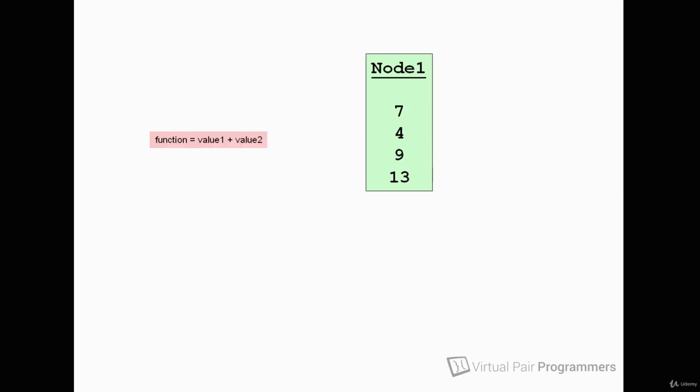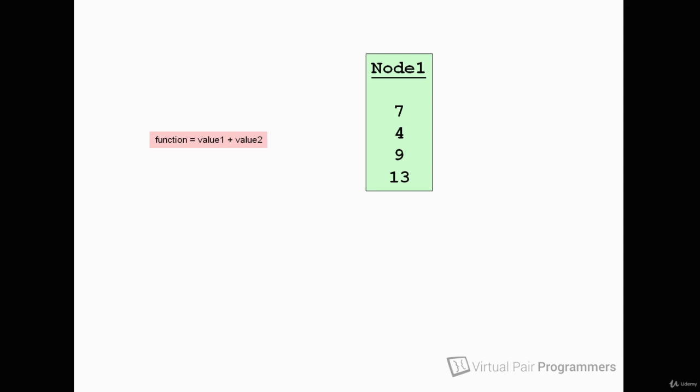So let's take our node 1 as an example. We've got some values in this partition, and we know now that this function has been sent across to this partition. Now, what happens in a reduce is that this function is applied to any 2 values in the collection.